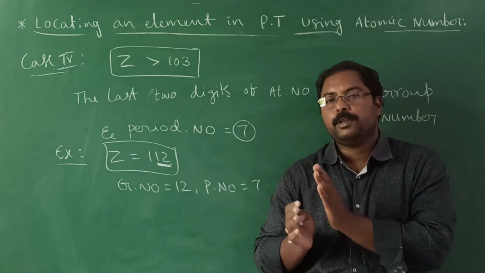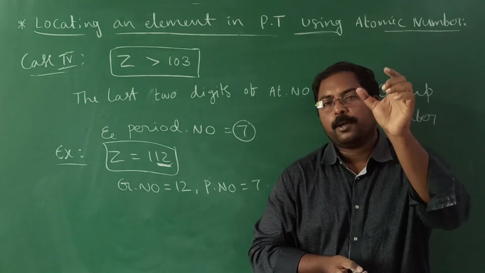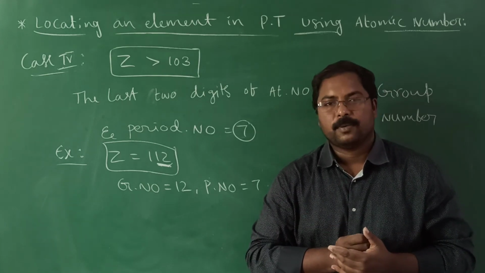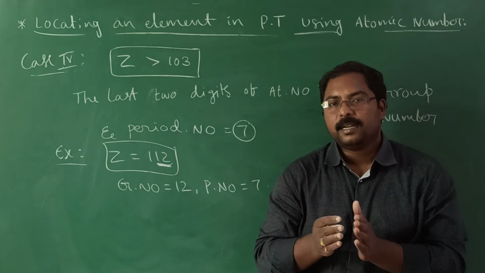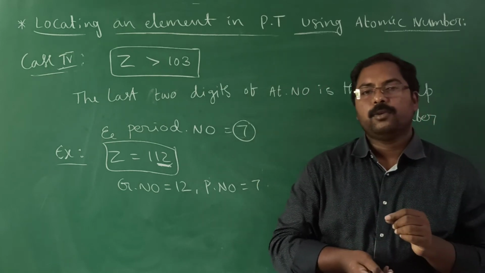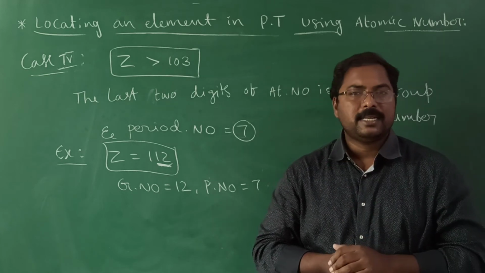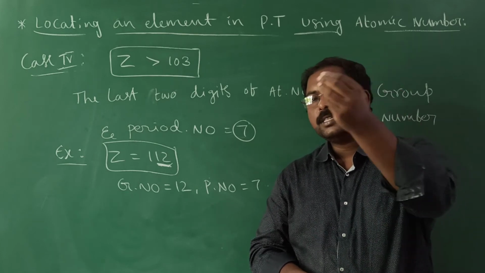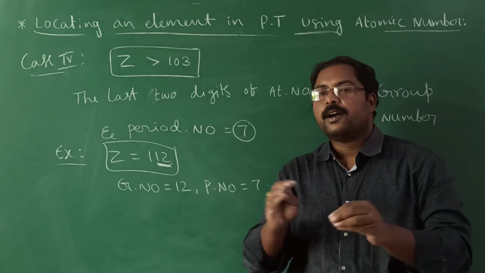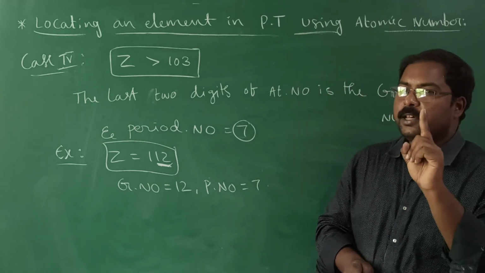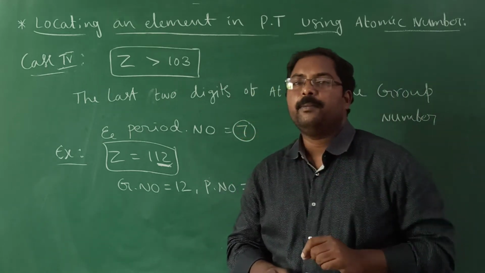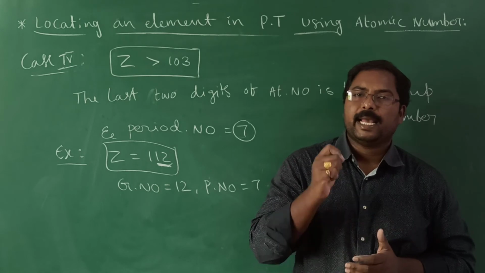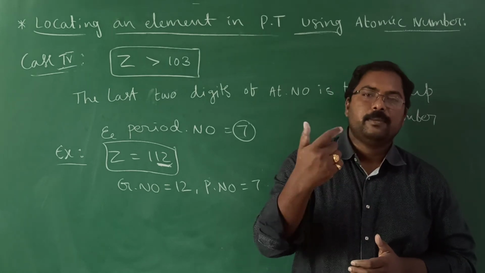We already learned the period numbers also. One more concept we need to know is the atomic numbers of lanthanides and actinides, because all those elements belong to only one group, so no tricks are needed. The only formula or trick we need to remember to find the group number is atomic number minus the nearest noble gas atomic number. That will be the group number.